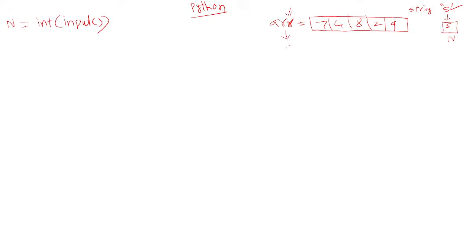This array is extra space. Extra space of how much? N elements, because the size of the array is n. So you are allocating an array of size n as additional space in memory.